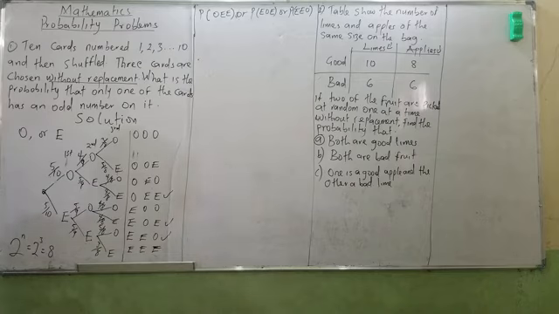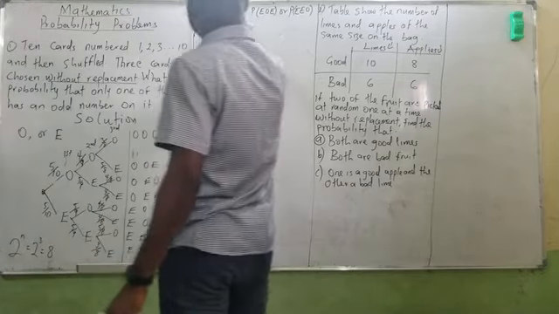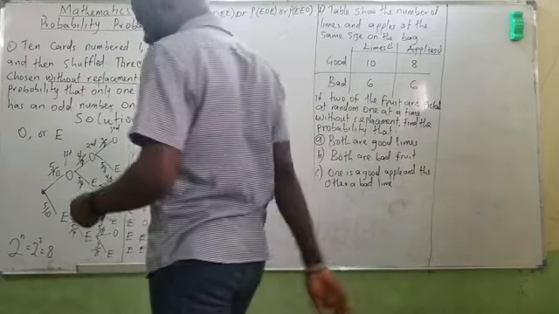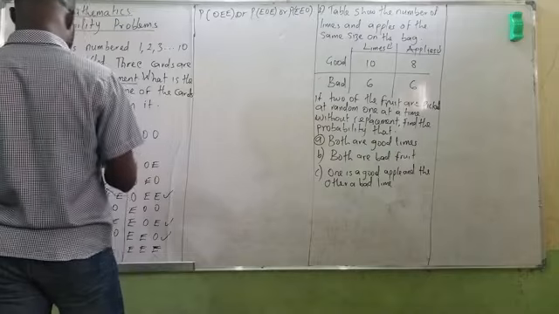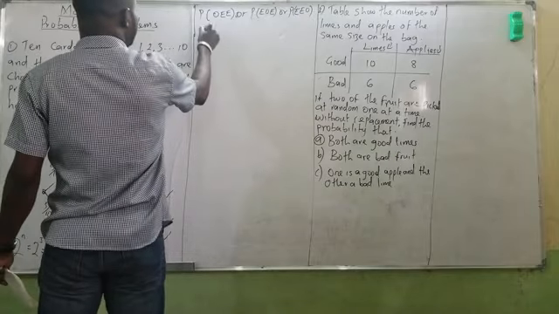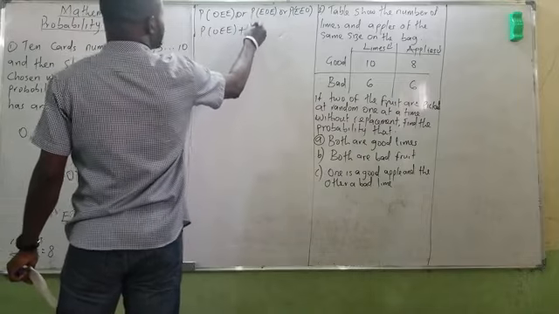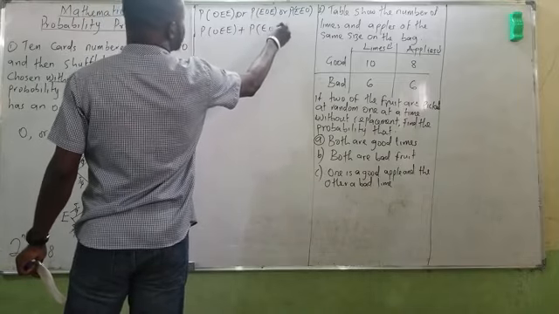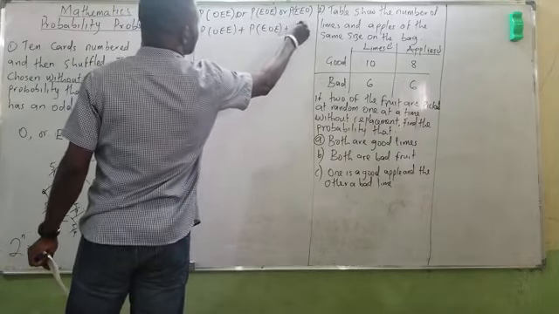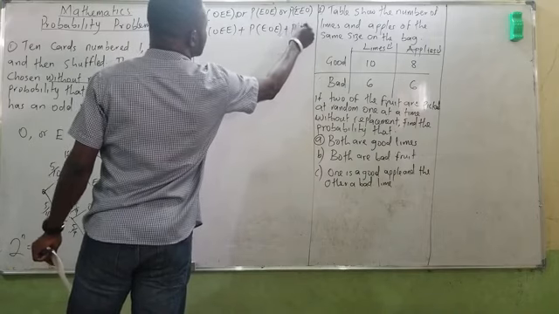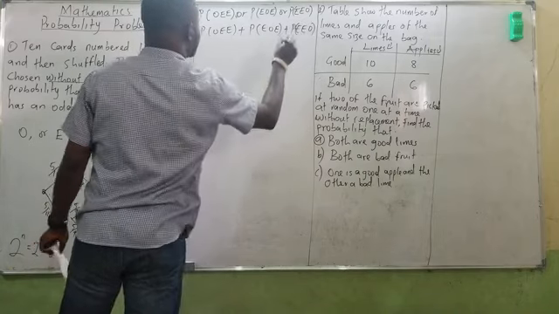Now, since we have done that, we will continue. Don't forget that we are talking about all of it being a sum. Now, I can answer that: probability of even, odd, even plus probability of even, even, odd.